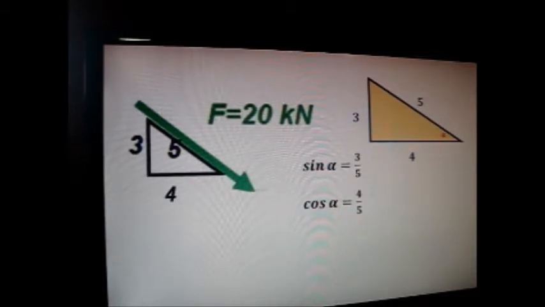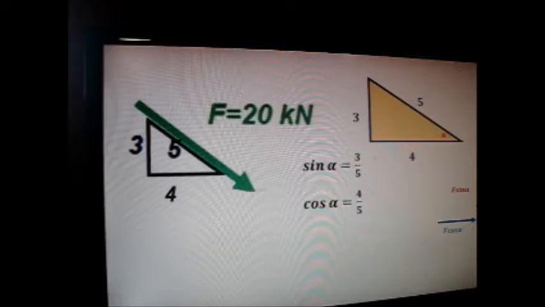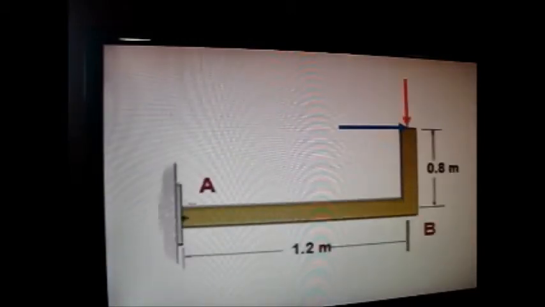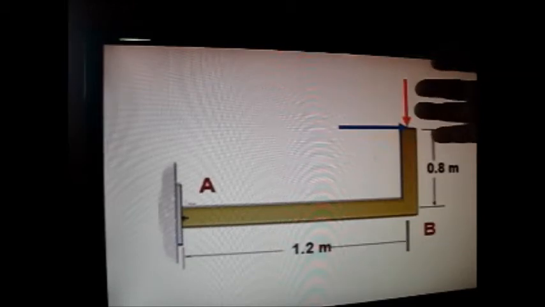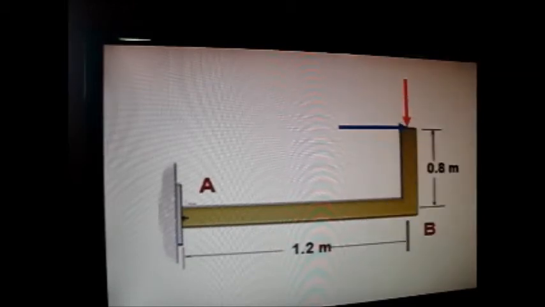Therefore, the vertical component is force, which is 20 sinus alpha. I let you make the calculation. And the horizontal component is 20 cosinus alpha. So they are very easy calculations. Therefore, when I am going to do the exercise now, no more bad guys. So I have the vertical component and the horizontal component. I did not put the result because this is your job.